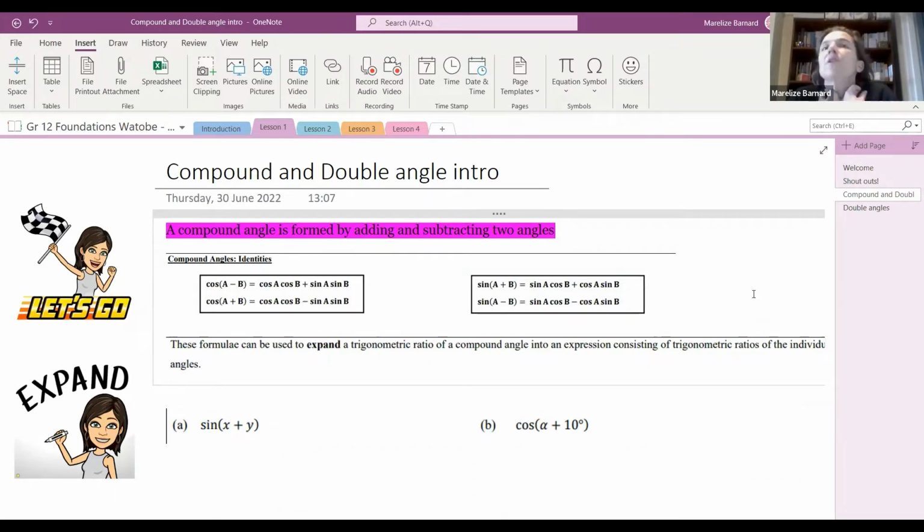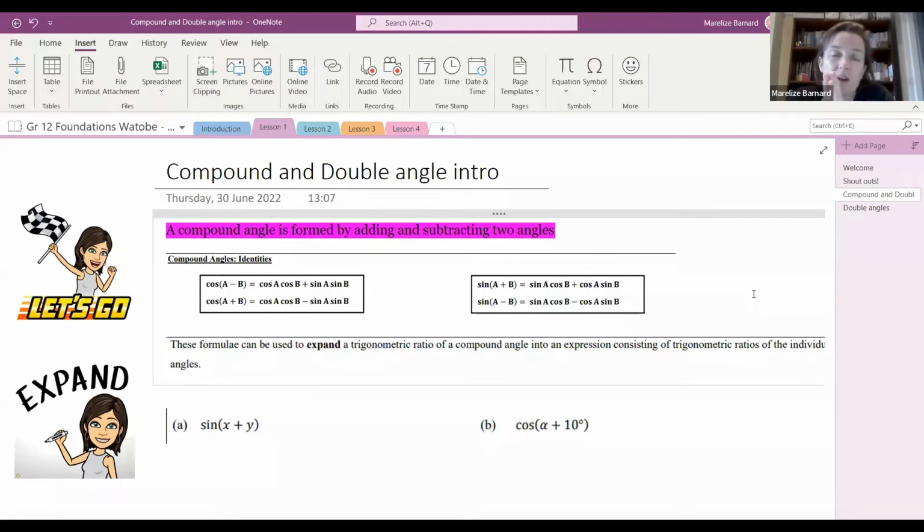So if you do want to refresh or have another look at something or practice all that sort of grade 11, we did a thorough run through of all the grade 11 trigonometry. And we never got around to doing the grade 12 trigonometry.